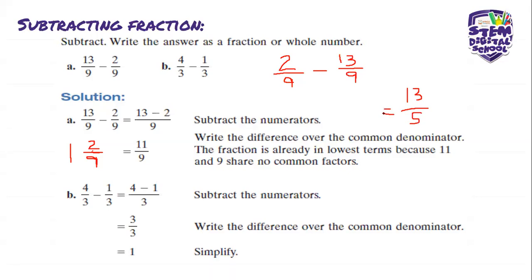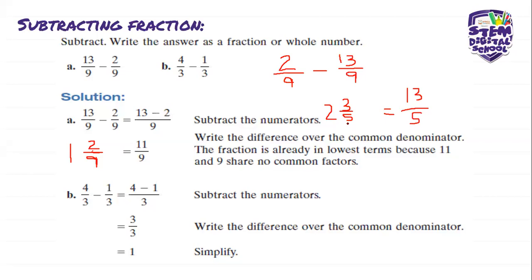I know 5 goes into 13 twice. And the denominator stays the same. Since you multiply with the bottom and add with the top, 2 times 5 is 10. How much more do I need to turn it into 13? 3. So the minute you find yourself having a whole number and a proper fraction, you're done. No more doing anything else besides that.